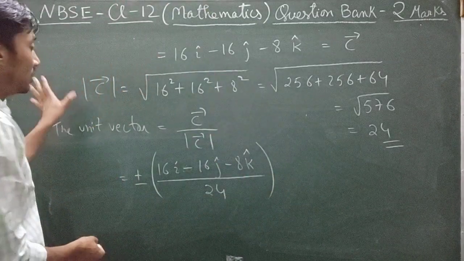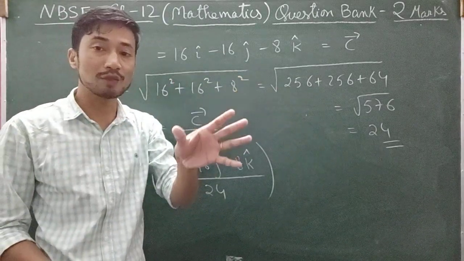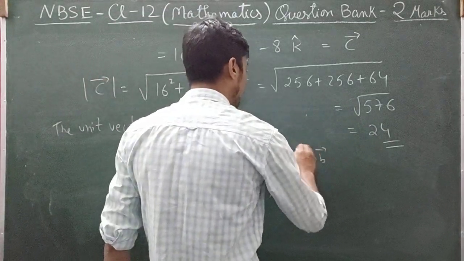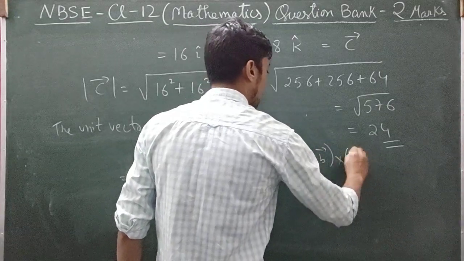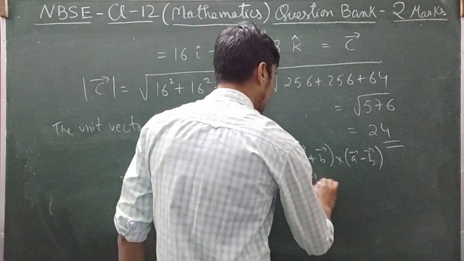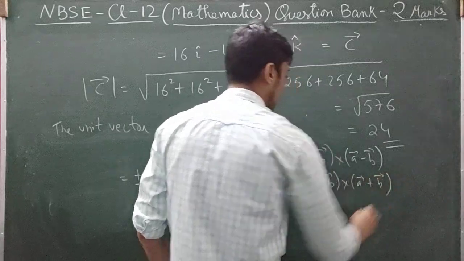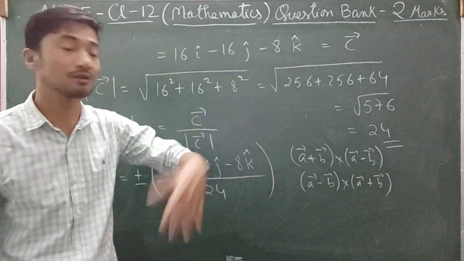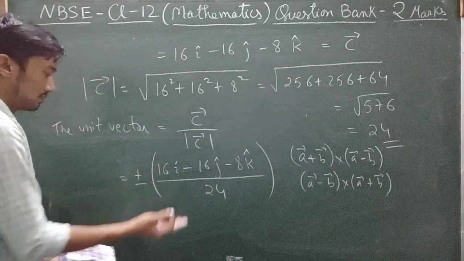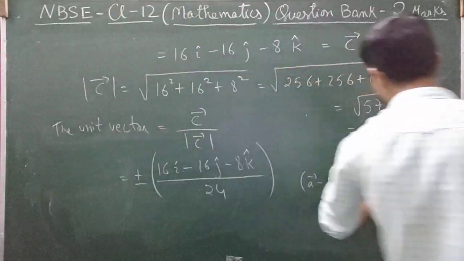Because we have gone for a plus b cross a minus b, that is one direction. The other direction can be a minus b cross a plus b. That time, if one is plus, the other one will be minus. If one is minus, the other one will be plus. So just to balance the equation, we write plus or minus. Nothing much there. It's about a direction only.